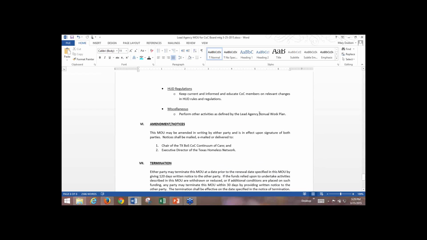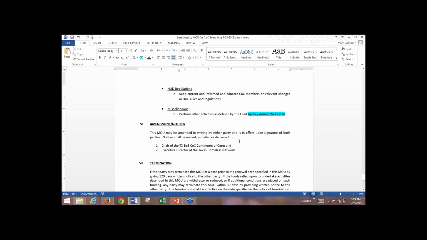And there are references throughout this document to this lead agency annual work plan. That will be a responsibility of THN to propose to the THN board and the COC board under this MOU every year, an annual work plan with very specific activities and deliverables that you all as COC members can hold us accountable to as your COC lead agency.